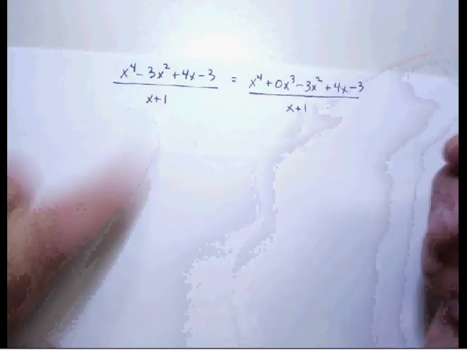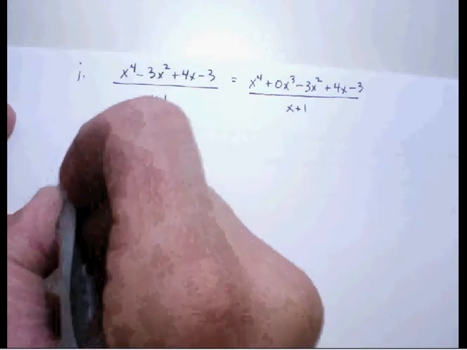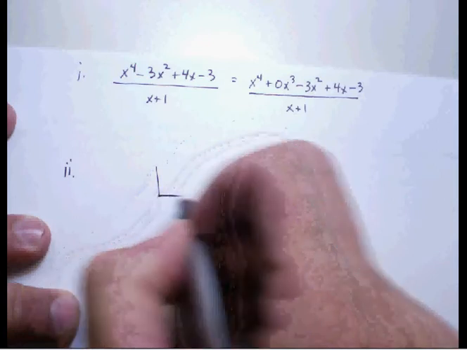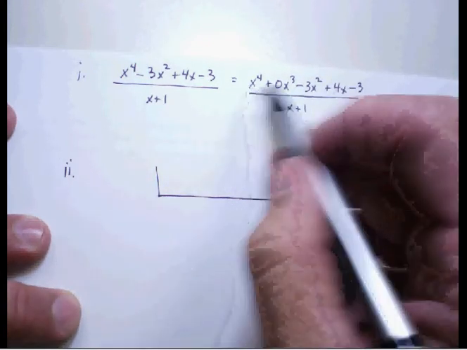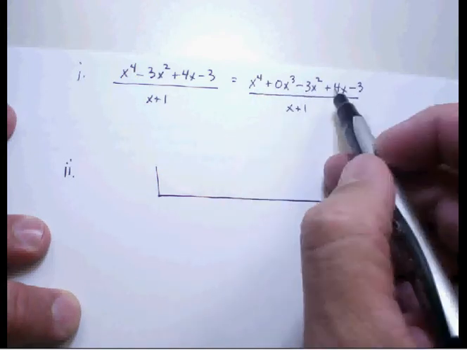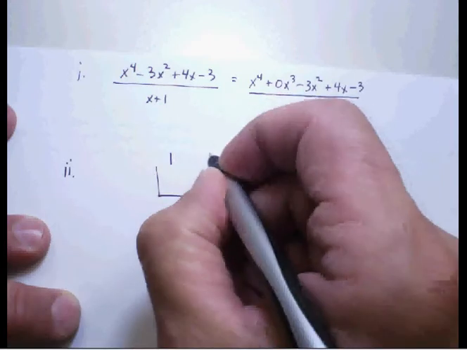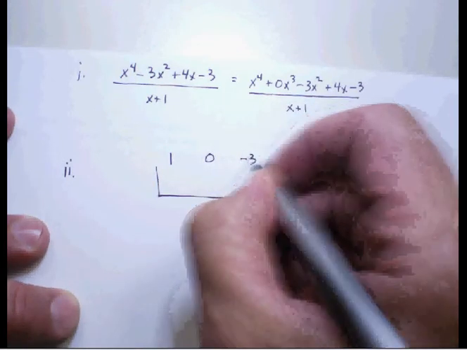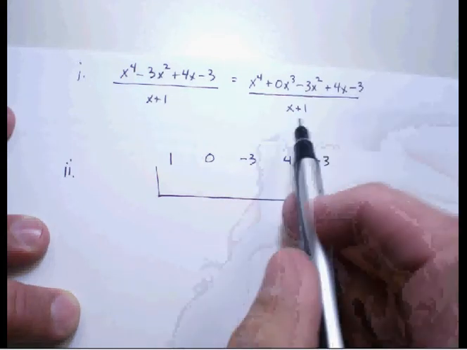And now I can go ahead and start my second step. So my second step goes like this. Take the coefficients, 1, 0, negative 3, 4, negative 3. And then you take the opposite of the constant down here, which is a negative 1.